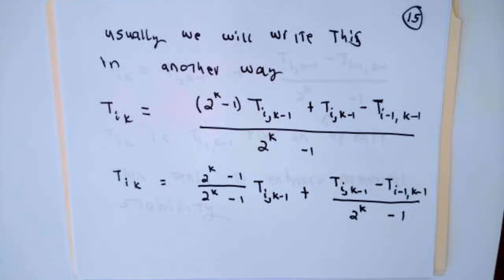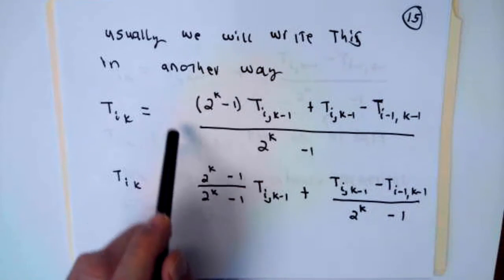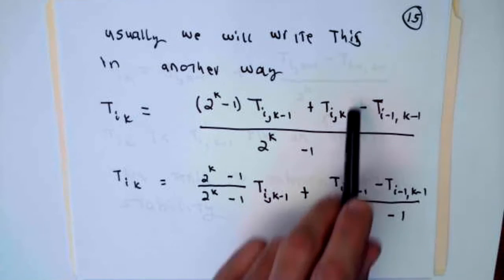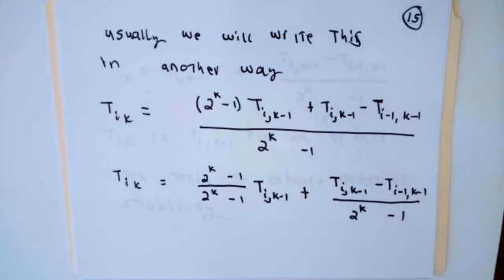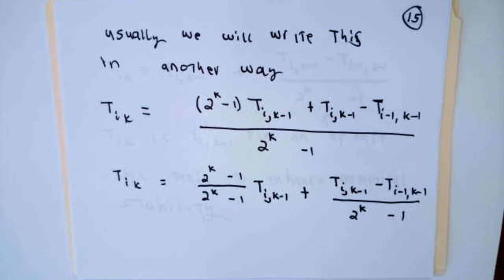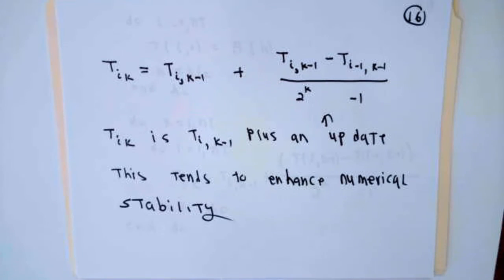The reason that people do that is you can write it as this fraction plus that fraction. And of course, 2 to the k minus 1 divided by itself is 1. The way people usually write Richardson's extrapolation then is this way.